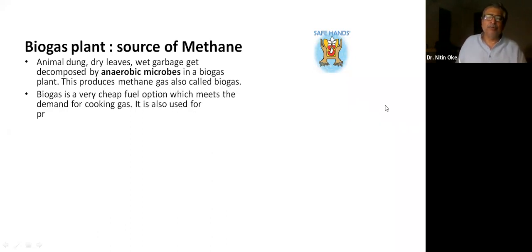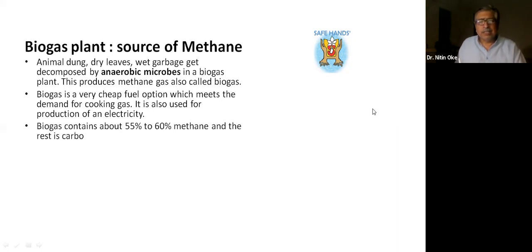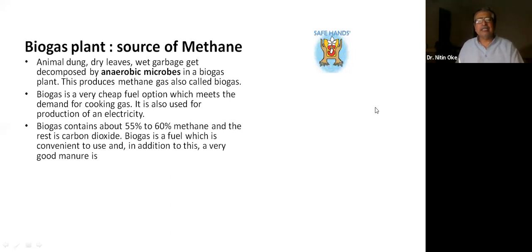Biogas is a very cheap fuel which meets the demand of the cooking gas. It is also used as a production of electricity. Biogas contains about 55 to 60% of methane and the rest is carbon dioxide. So the flame of biogas is not completely blue.